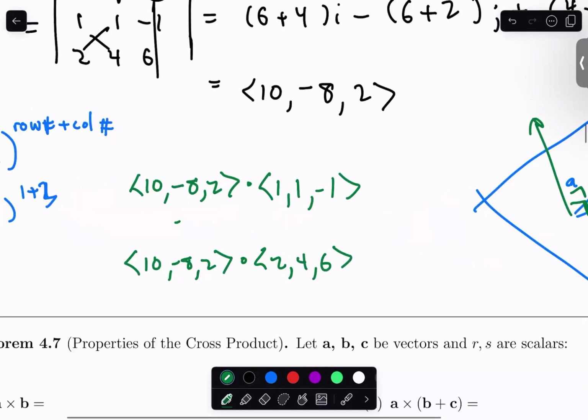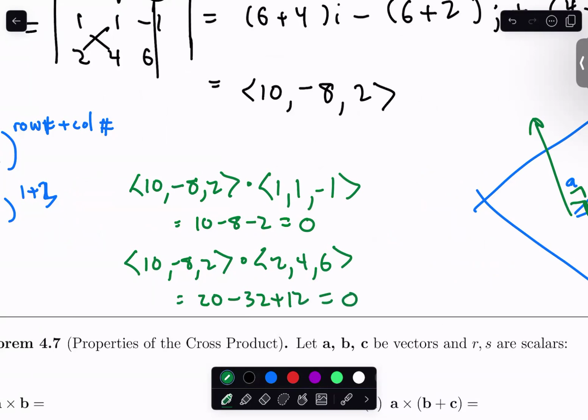So if I was to go ahead and calculate this out, what we get, 10 - 8 - 2, that indeed is equal to 0. So yes, it's perpendicular to A. How about for B here? Well, I would get 20 - 32 plus 12. So yes, this indeed is equal to 0 as well.